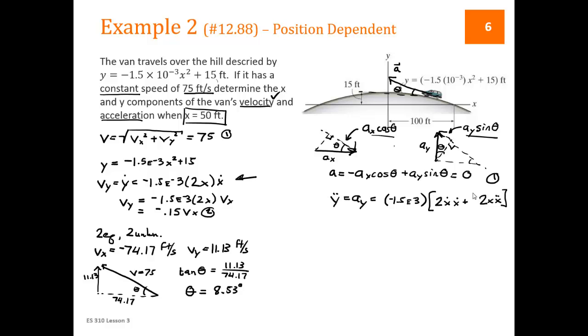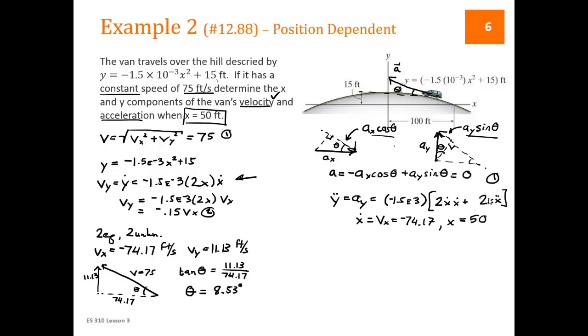And we know what x dot is because we found it, right? Because x dot is equal to v, which is negative 74.17. And we know what x is, because that was given in the problem, is 50.